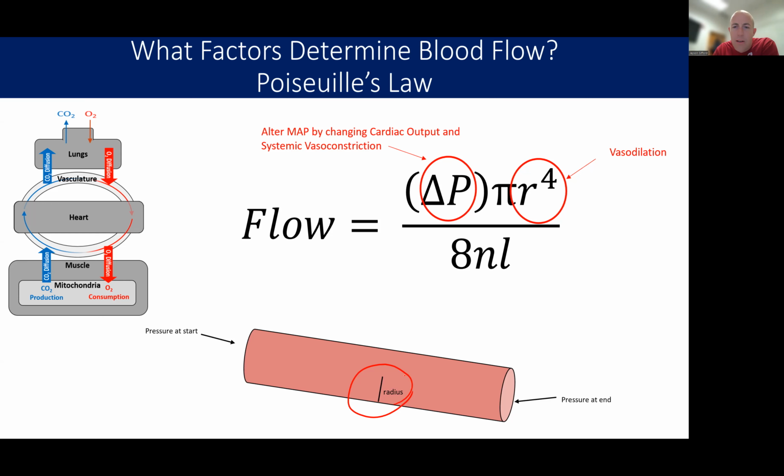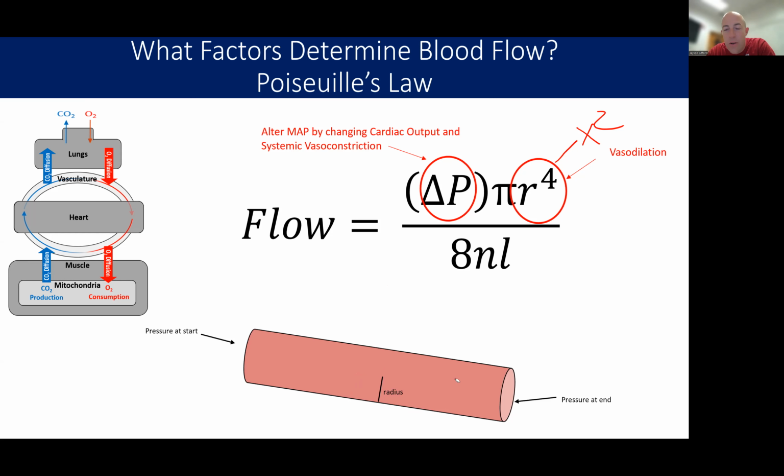Just to put that in perspective, if we doubled the perfusion pressure, so if we times it by 2, which we never really do, the blood pressure doesn't go up that much, but if we did, that would result in a doubling in blood flow. If we double the radius, so if we dilate this, make this tube twice as big, that would increase your blood flow by 16 times.